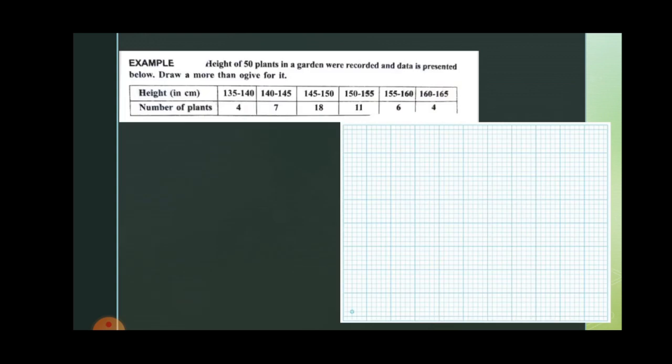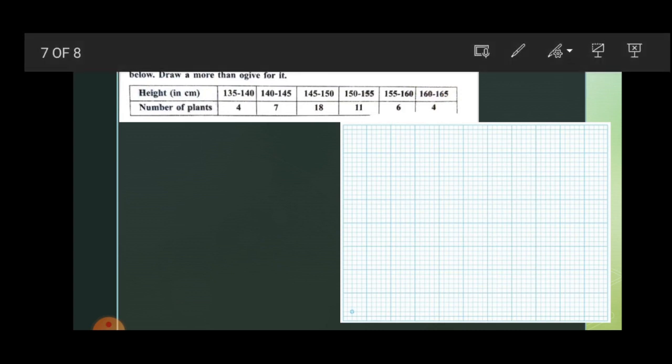Let's do one example of more than type. Heights of 50 plants in a garden were recorded and data is presented below. Draw a more than ogive for it. Height and number of plants are given. First, draw the more than type cumulative frequency table.